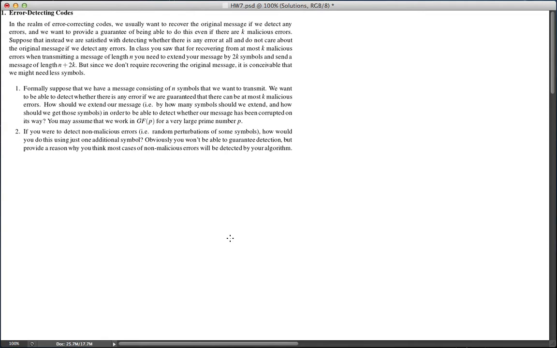Okay, so one idea is to use the same method that we've been using for error correction in the case of erasures and also errors.